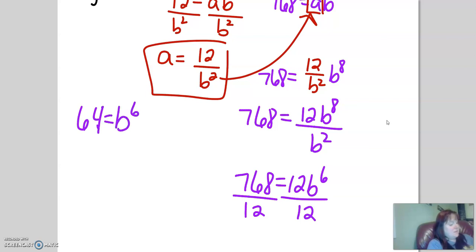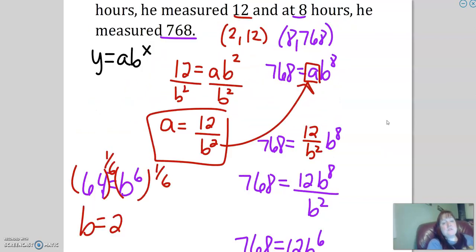So we're going to raise that to the 1/6 power because I want to undo the 6th power. And I get that b equals 2. So our growth rate equals 2, which means that this is doubling every hour.